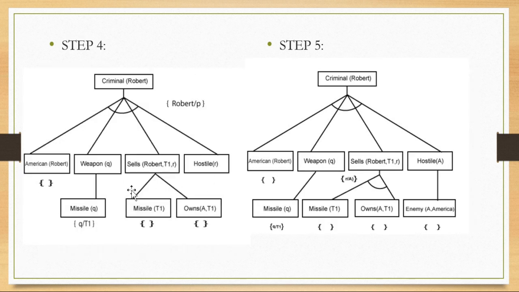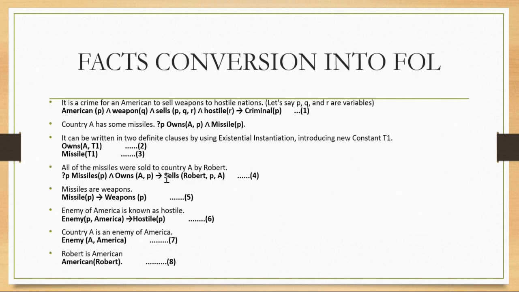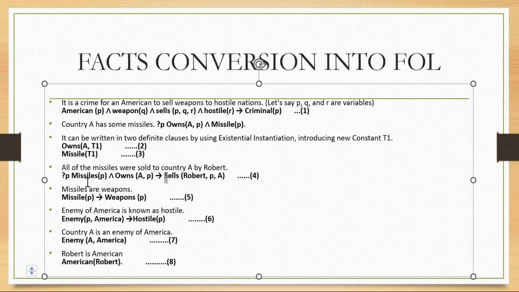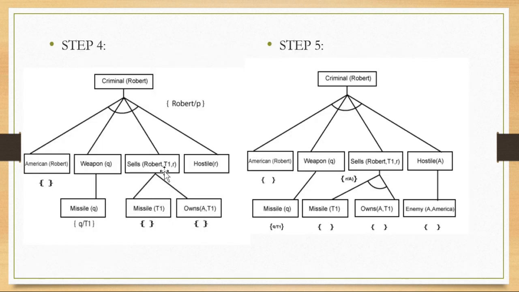Likewise, we have to check for Sells. In Sells, is there any single? Yes, Sells is there. It is associated with Missile and Owns. So we connect Missile and Owns: Missile(Q), Q/T1, and then Missile(T1) and Owns(A, T1). Then we check for Hostile.